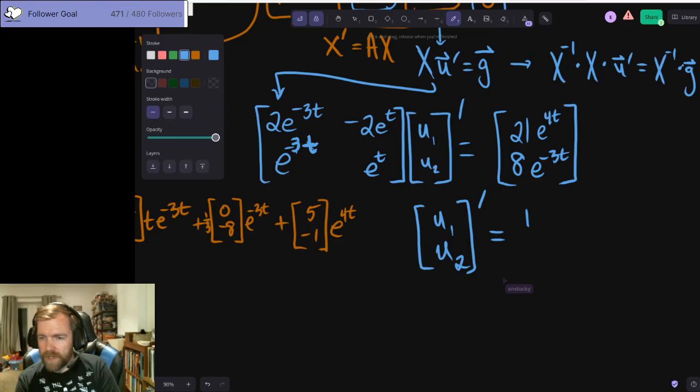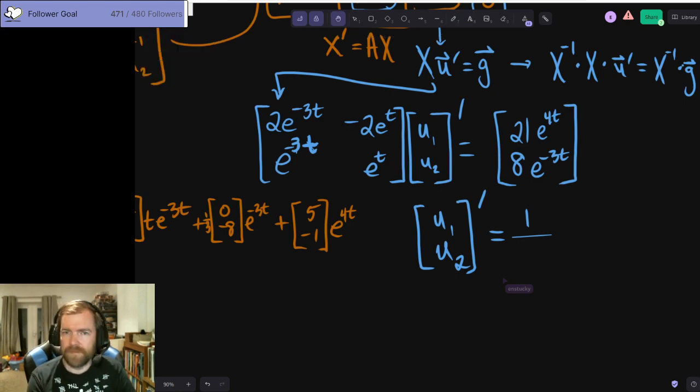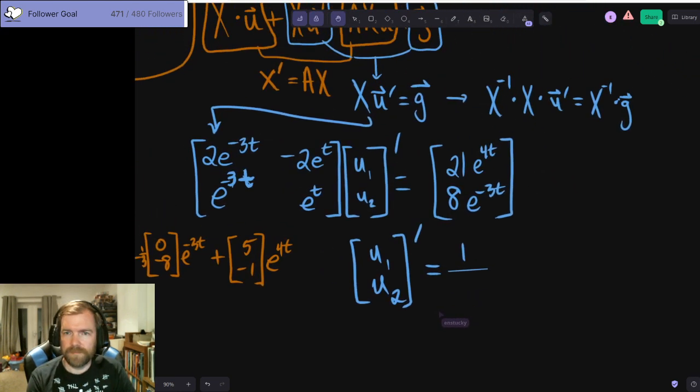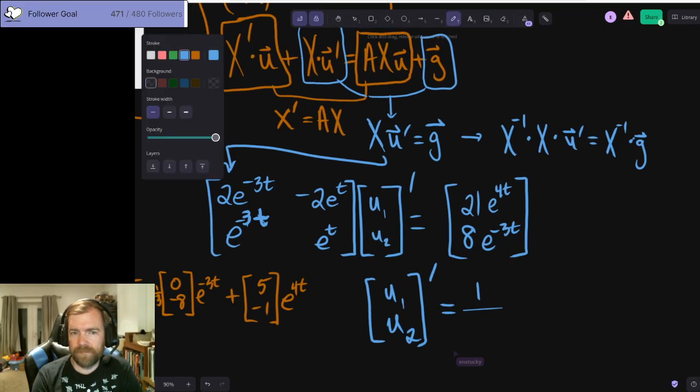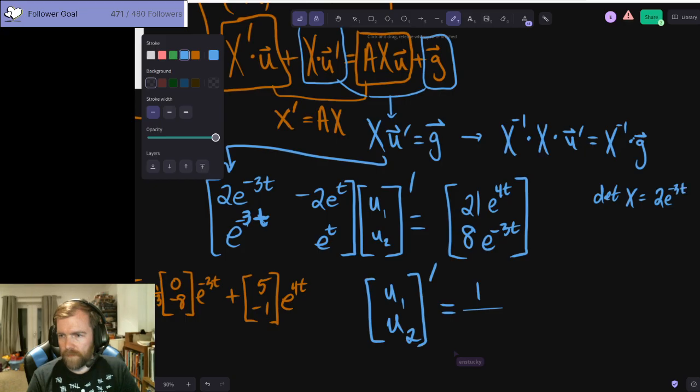All right, so u prime is going to be x inverse times g. Sorry. I guess we can first write out 1 over e to the minus 2t, because that term will be part of the inverse, since that's the determinant of our original matrix. Okay. And I need to verify it'll be a 4 e to the minus 2t.